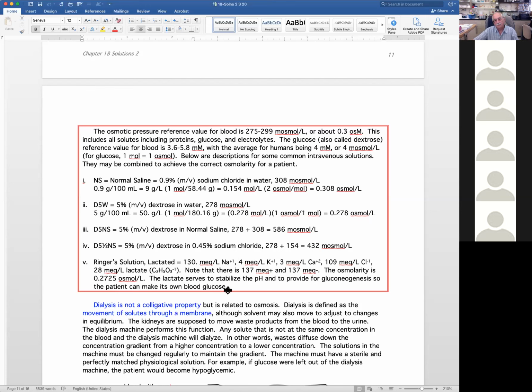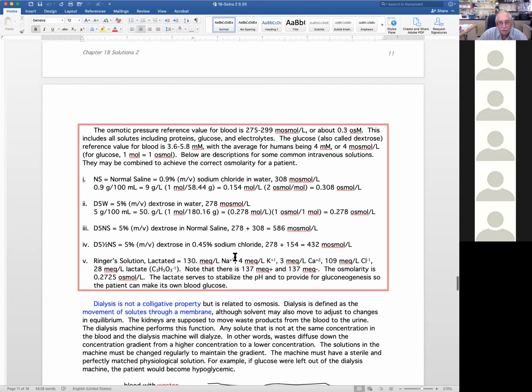It helps stabilize the pH, and also provides the lactic acid to be used so the patient can make their own blood glucose. That process is called gluconeogenesis, where lactate is converted into blood glucose. Anyway, that's just for your edification there.